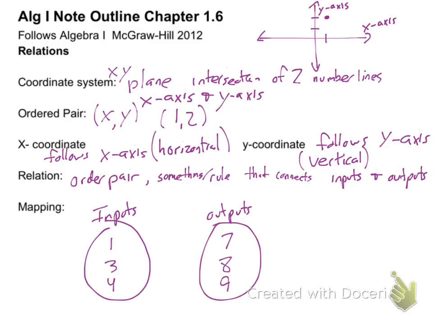It's like a map. And this map just connects them together. So the relationship is, if I put a 1 in, I will get a what? 7. If I put a 3, I get an 8. If I put a 4 in, I'll get a 9. That's the relationship, but the mapping allows me to visualize what's going on.